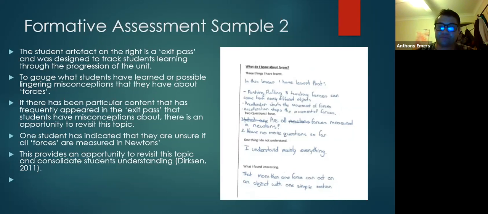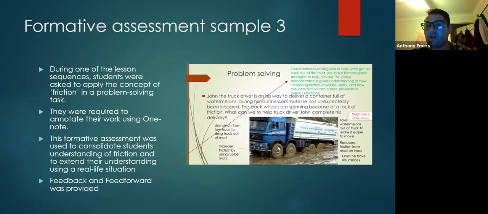Another form of formative assessment was quite later in the unit, during my teaching experience, probably during the 3rd week, to consolidate their understanding with problem solving in real life situations. I'd actually use the forces, using friction as an example.